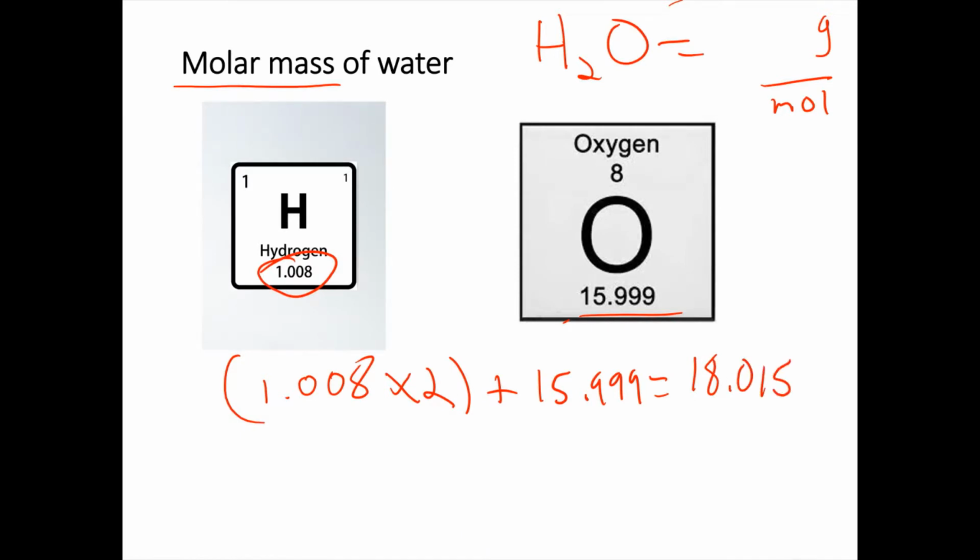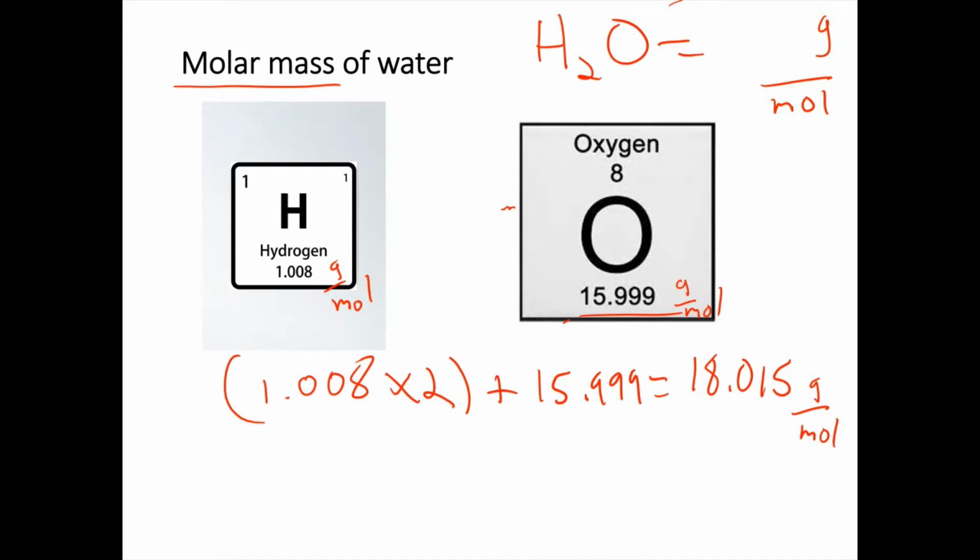And the units here are grams per mole, because that is the unit when I deal with molar mass. We talked earlier in the year about how this is atomic mass units. It's also grams per mole.